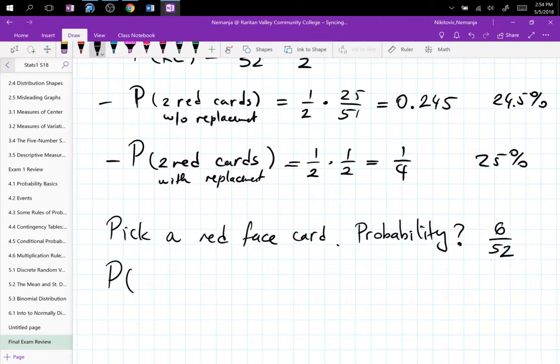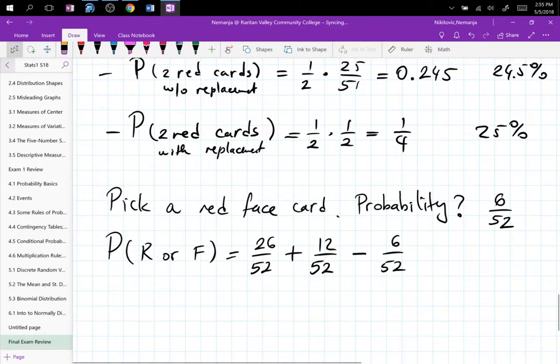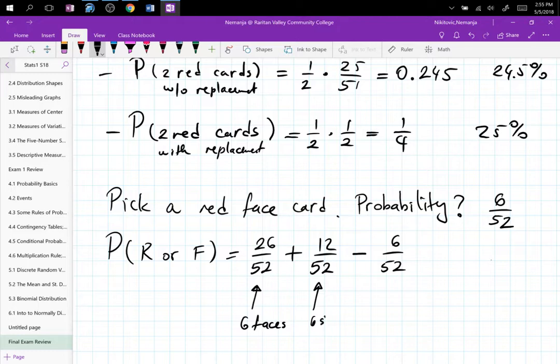So now, pick a red card or a face card. What's the probability of a red card? 26 over 52. Plus, what's the probability of a face card? 12 over 52. Now we have to subtract the 6 over 52, because the red cards include 6 faces, and the face cards include the same 6 faces.